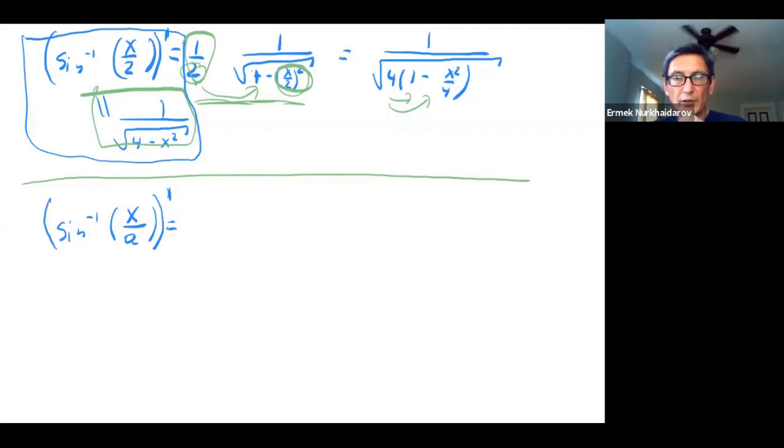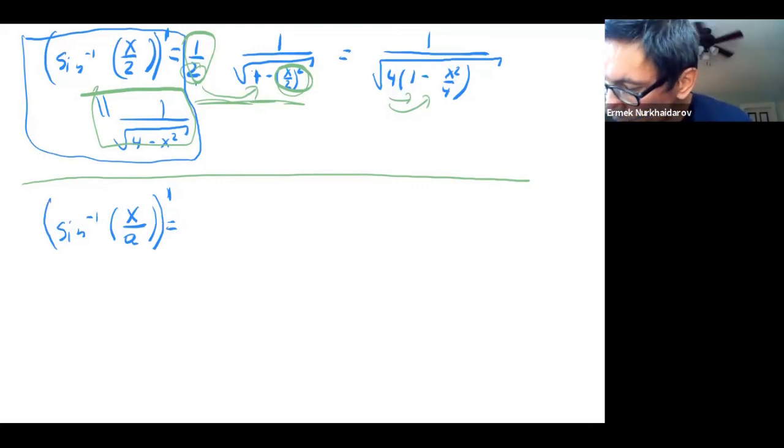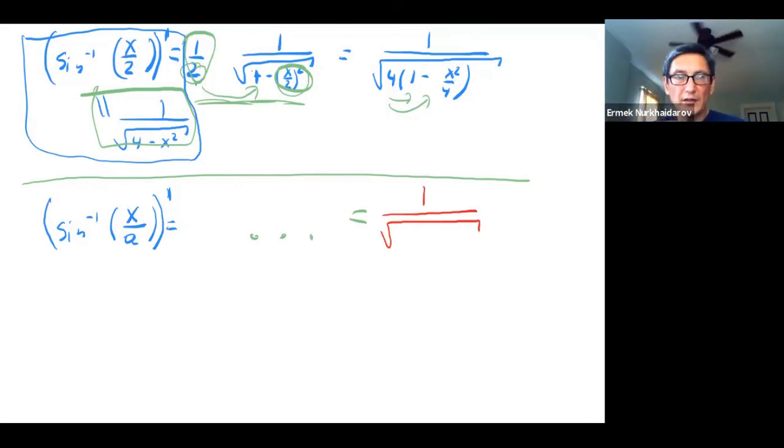And if you do the second one now, can you guess what the answer is going to look like? Or do you want to do calculations? I'm going to put dots here. Can you guess what the answer is supposed to be? Fraction 1, if you look at the pattern, square root. Can you see what's going to be under the square root?